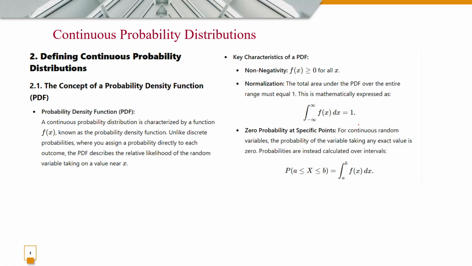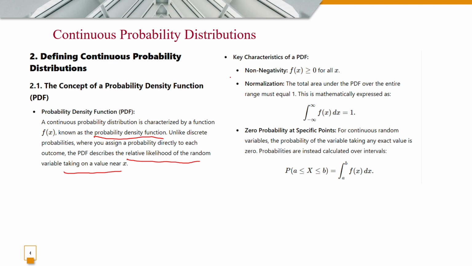A continuous probability distribution is characterized by a function known as the probability density function, or PDF. Unlike discrete probabilities, where you assign a probability directly to each outcome, the PDF describes the relative likelihood of the random variable taking on a value near x. There are key characteristics of PDF.